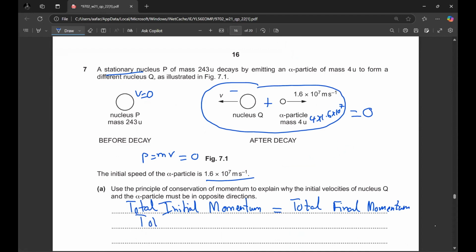Right, that total momentum before decay is zero. So total momentum after decay should be zero.